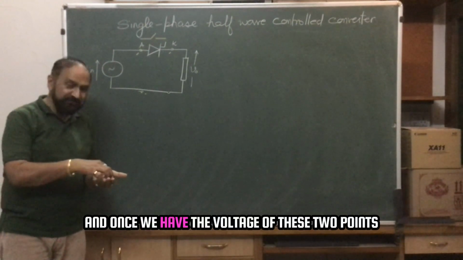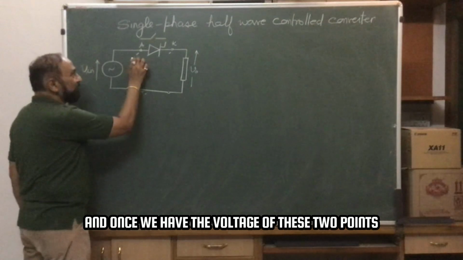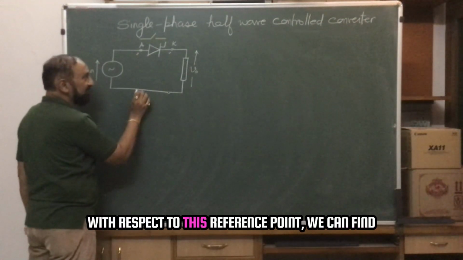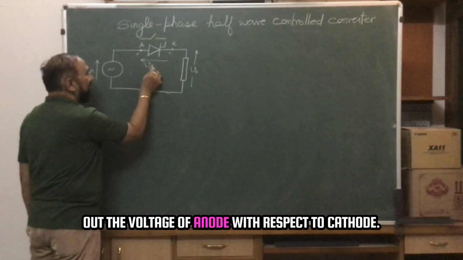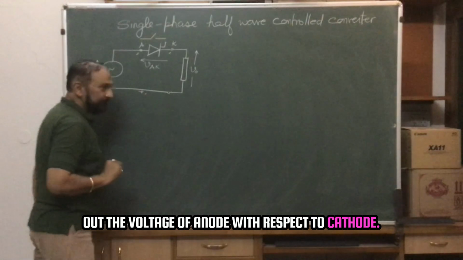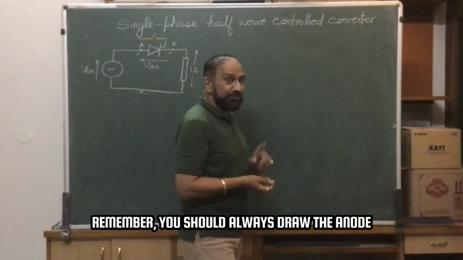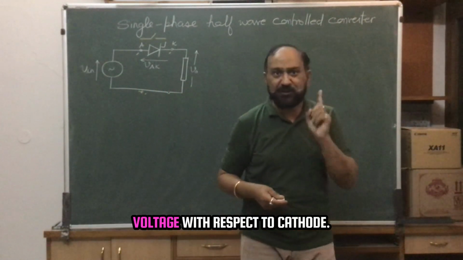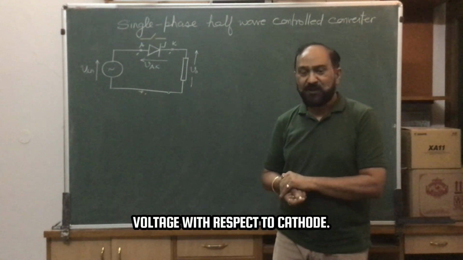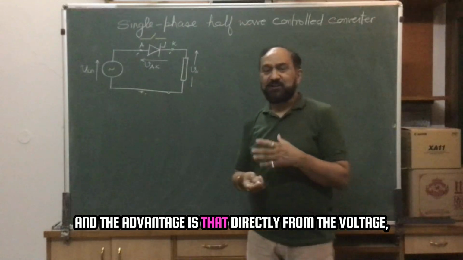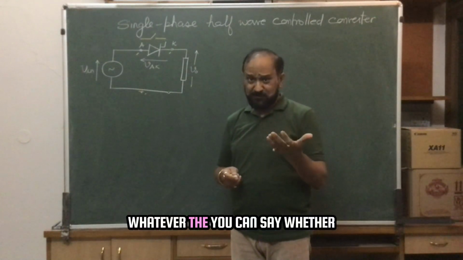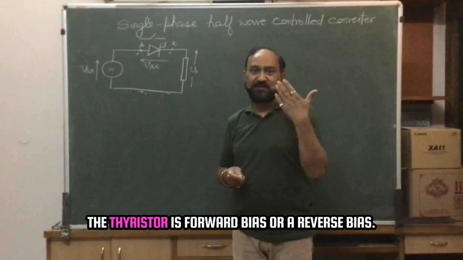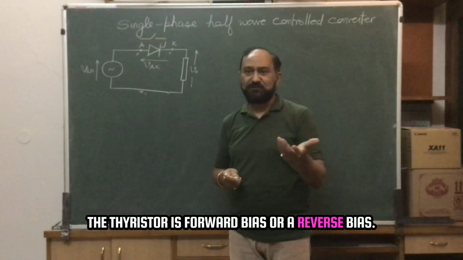And once we have the voltage of these two points, we can find out the voltage of anode with respect to cathode. Remember, you should always draw the anode voltage with respect to cathode, and the advantage is that directly from the voltage polarity you can say whether the thyristor is forward biased or reverse biased.